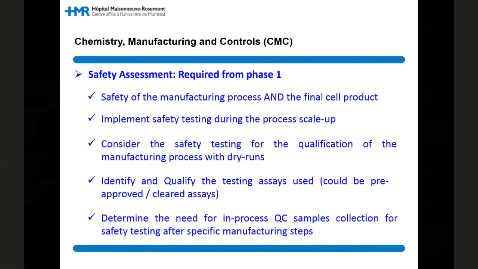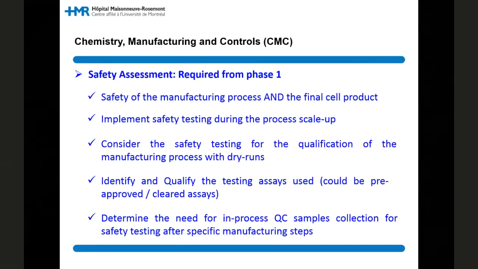So in terms of safety assessment, I indicated already a number of elements that you need to include in your application. You have to have safety testing during the process scale-up. Consider safety testing for the qualification during your dry runs.